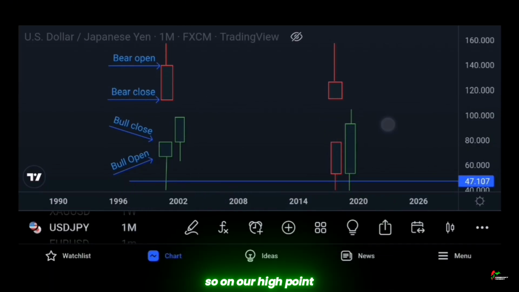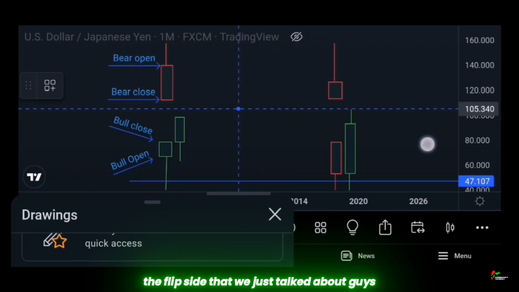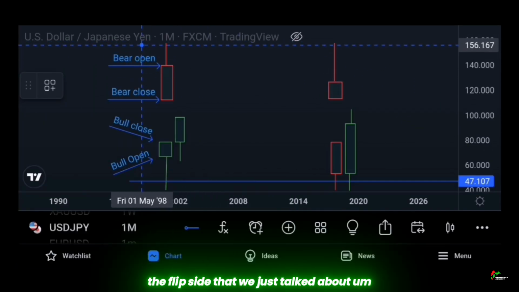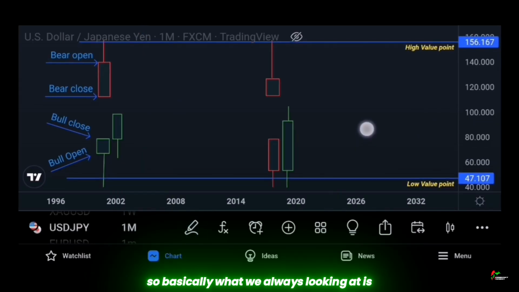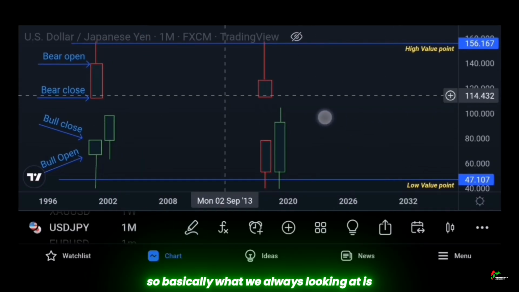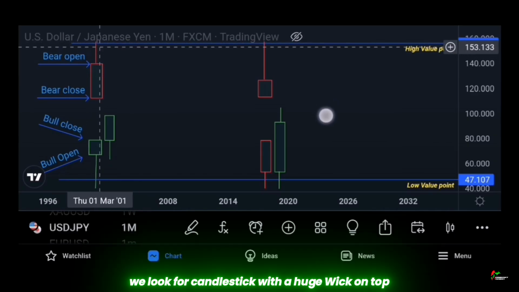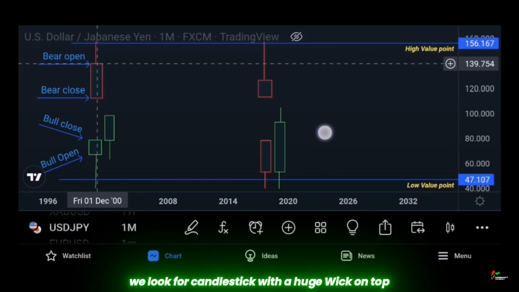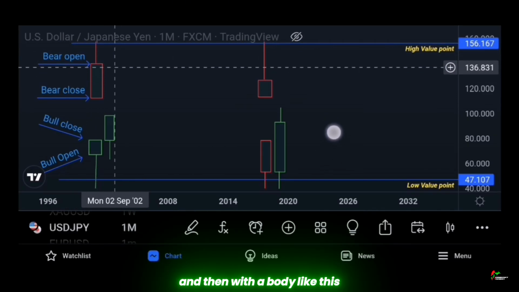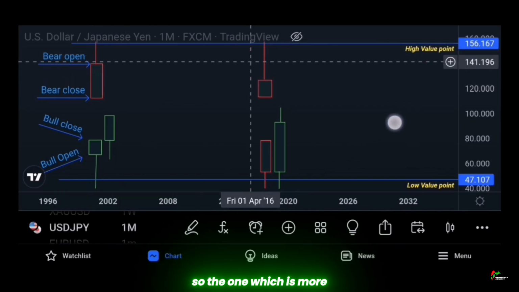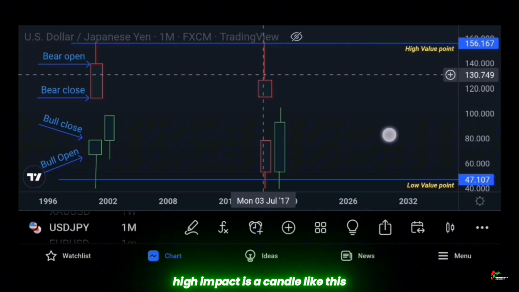On our high point, the flip side that we just talked about, what we are always looking for whenever the market is at the highs is a candlestick with a huge wick on top and a body like this. The higher impact one is a candle like this.